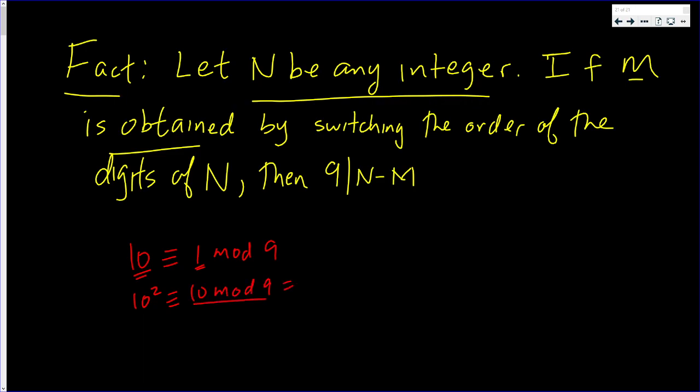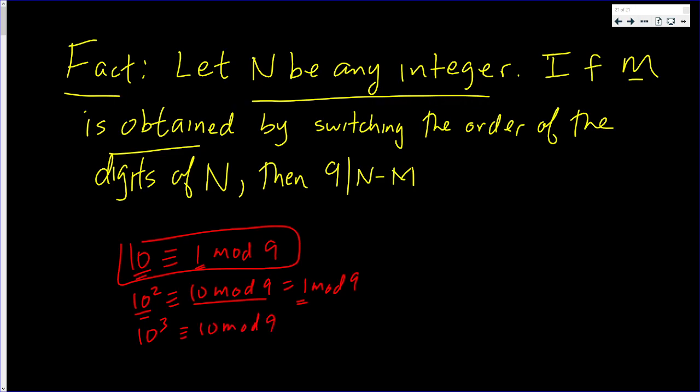But we just got through saying that 10 is congruent to 1 mod 9. And again, if I multiply those by 10, I get 10 cubed is congruent to 10 mod 9. There it is again. That's congruent to 1 mod 9.